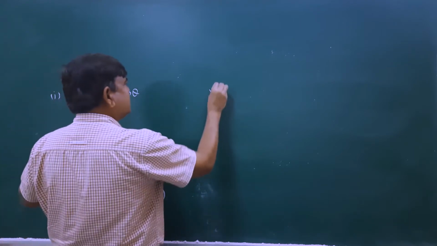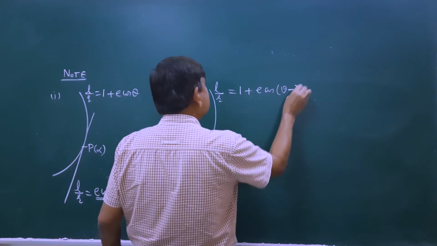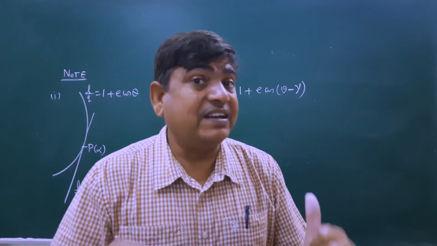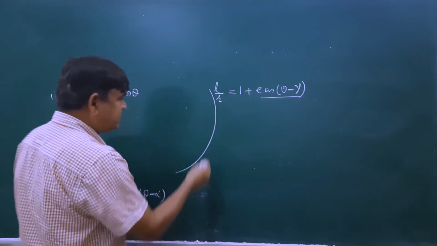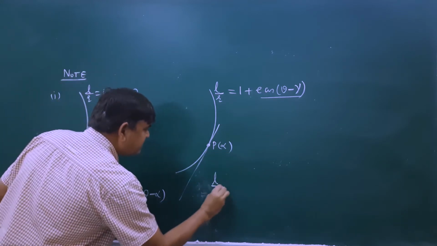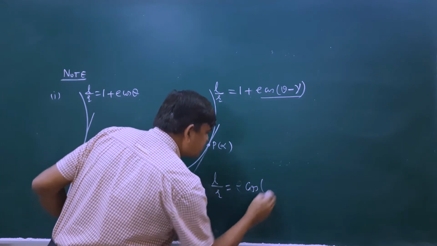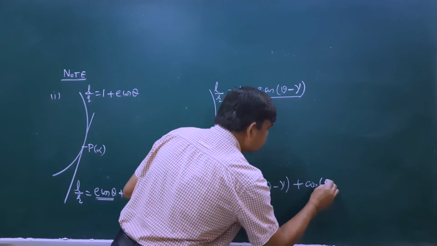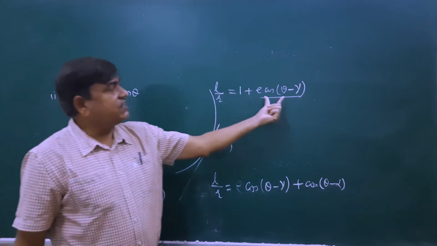If the equation of the conic is L by R equals 1 plus E cos of (theta minus gamma), remember, theta minus gamma means the axis is inclined at an angle gamma with the initial line. This we have done. So, if it is theta minus gamma, then as usual the equation of the tangent is L upon R equals E cos of (theta minus gamma) plus cos of (theta minus alpha).